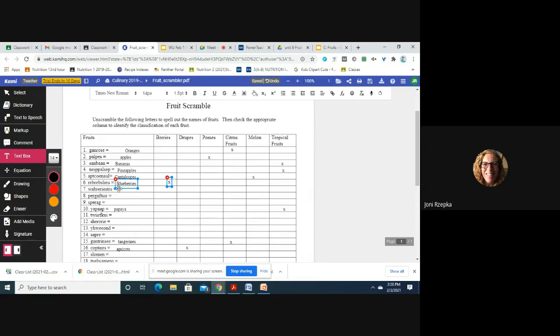Okay, what's the next one? Strawberries. Yep. And that obviously is a berry. Okay, what about the next one? It's popular in Florida. It's kind of sour.